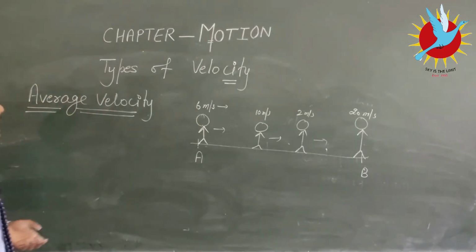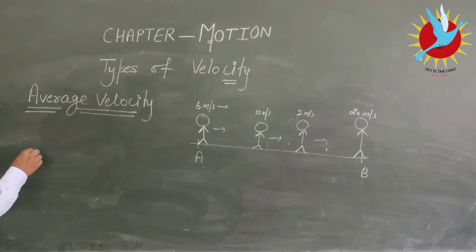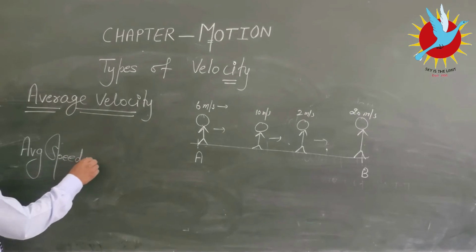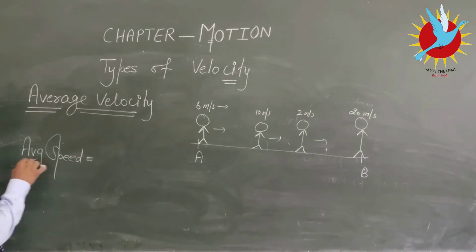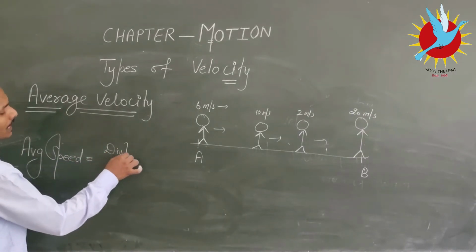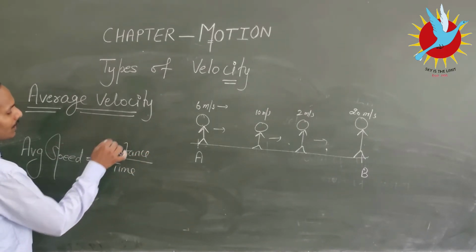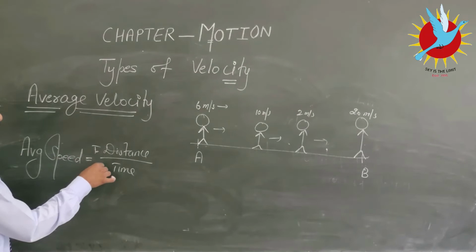So what is the average velocity? How do you define it? It is similar to average speed, which is the ratio of total distance upon total time.